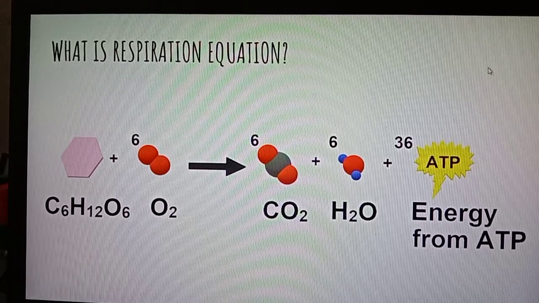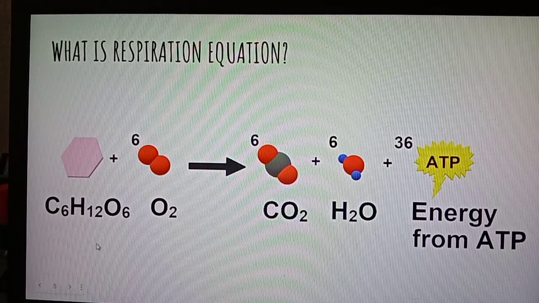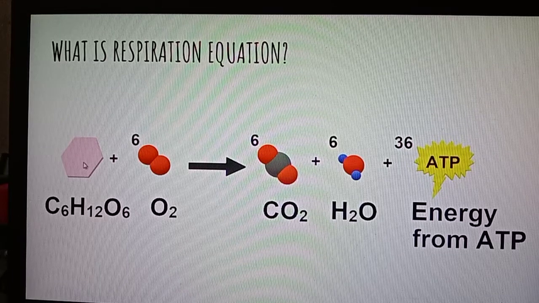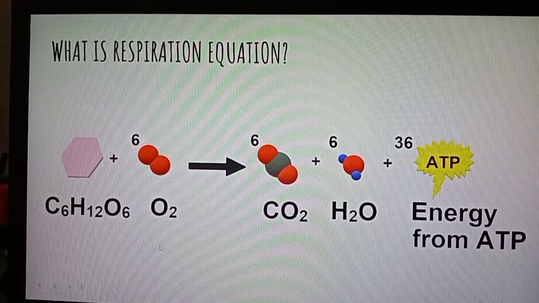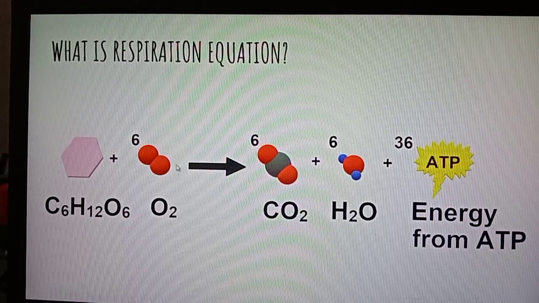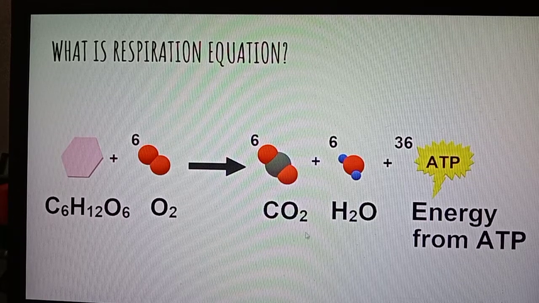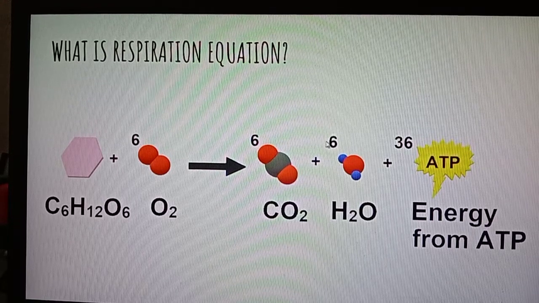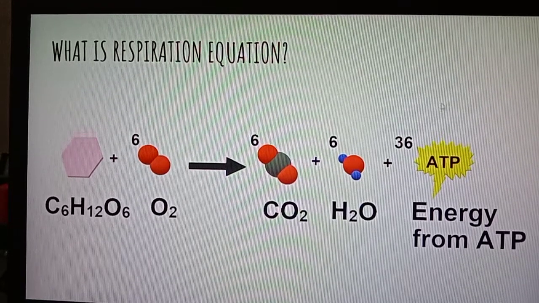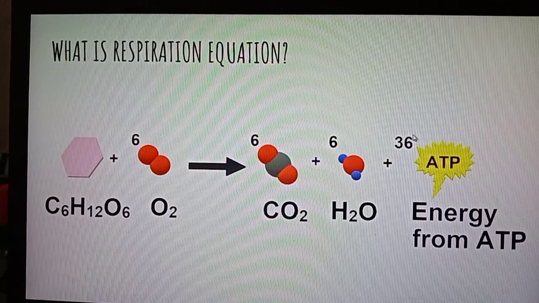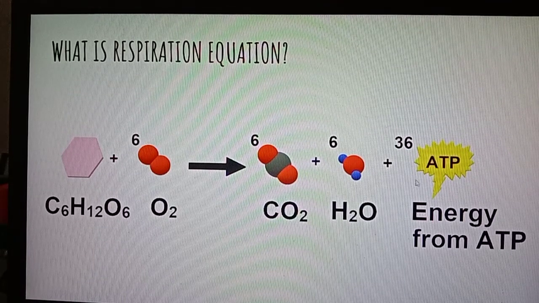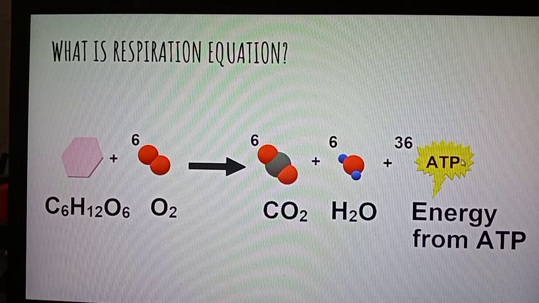So here a single glucose molecule combines with six molecules of oxygen and forms six molecules of carbon dioxide that is given out and six molecules of water, and 38 molecules of energy is liberated. Now what is ATP we will study further.